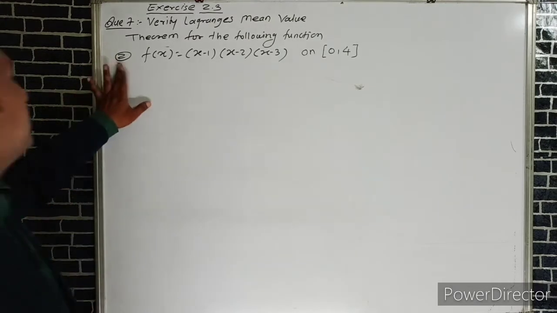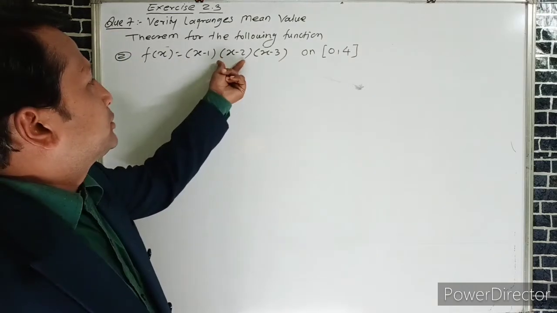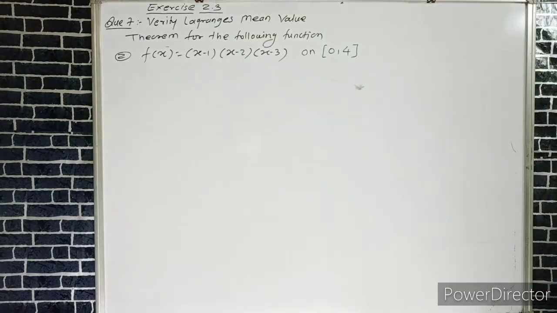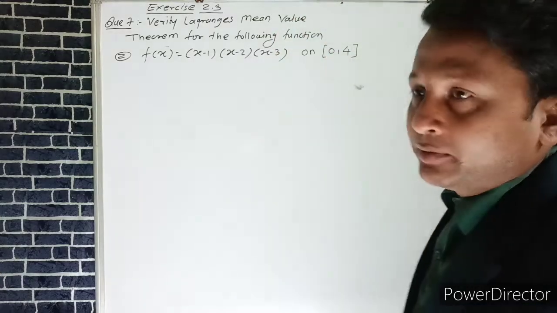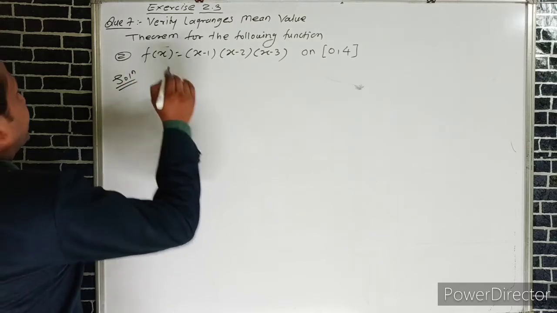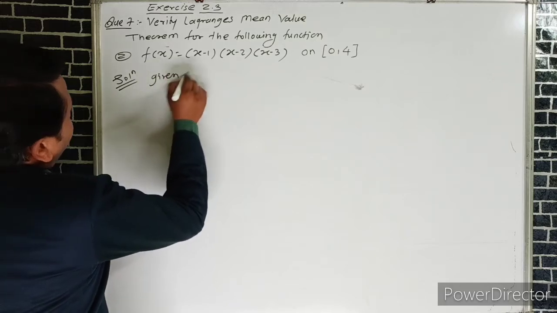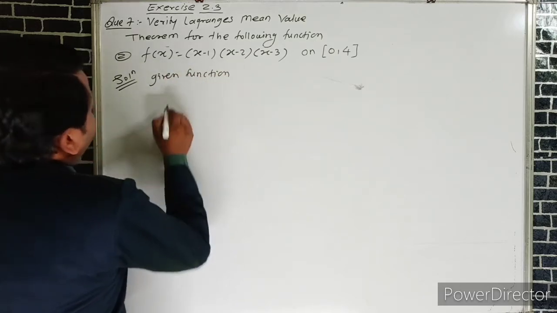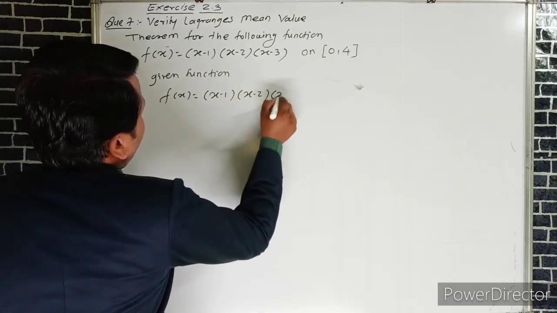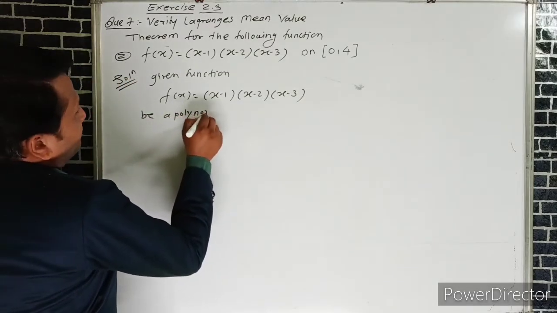So the next one, question number 2. Example number 2 in question number 7 is f(x) equals (x minus 1)(x minus 2)(x minus 3) on the closed interval [0, 4]. Again here we have to verify Lagrange's mean value theorem. So to verify LMVT, the given function f(x) equals (x minus 1)(x minus 2)(x minus 3) is a polynomial function.